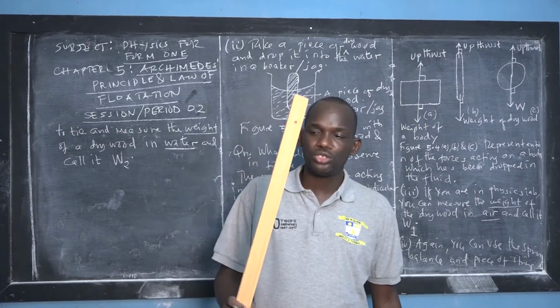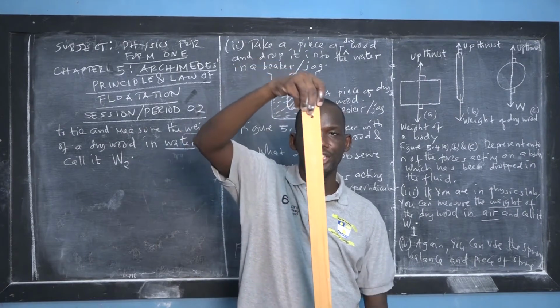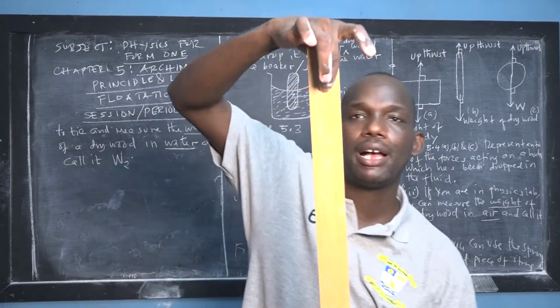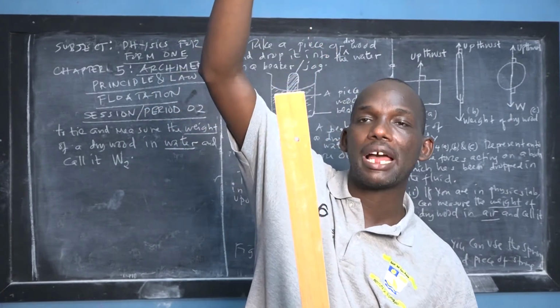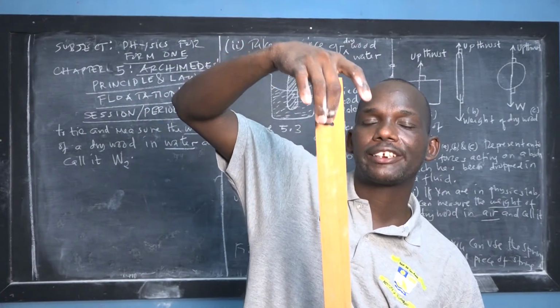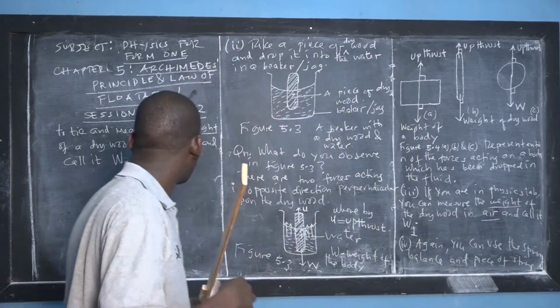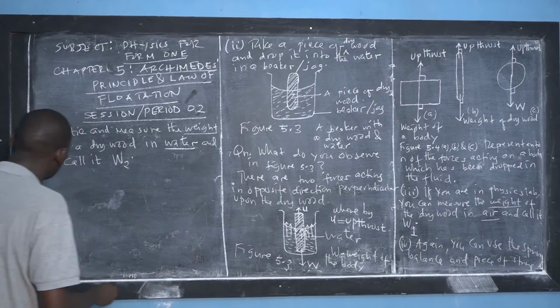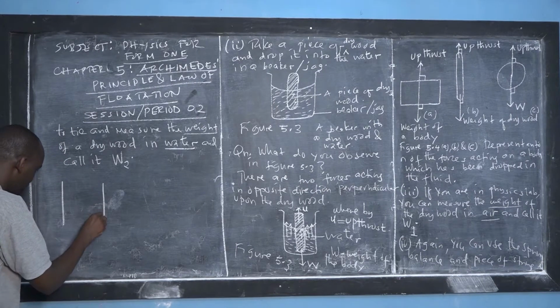Tunaweza tukachukua uzi tukafunga hapa, alafu upande mwingine wa string tukafunga kwenye spring balance. Na baada ya kufunga katika spring balance, kinachokuja kutokea ni kwamba tunaweza tukapima.